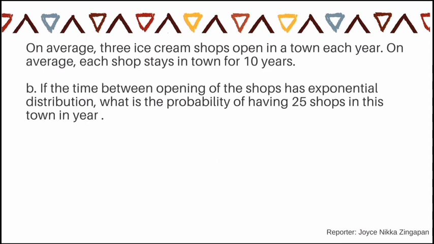For the second problem, if the time between openings of the shop has exponential distribution, what is the probability of having 25 shops in this town in a year?